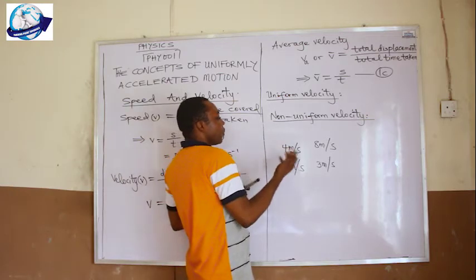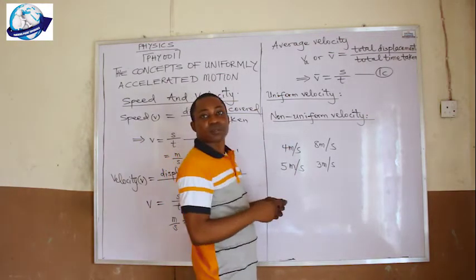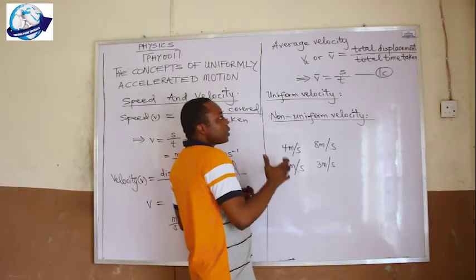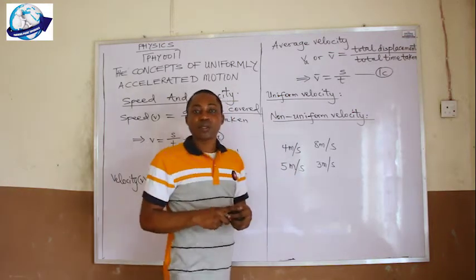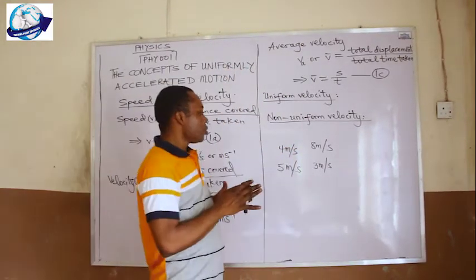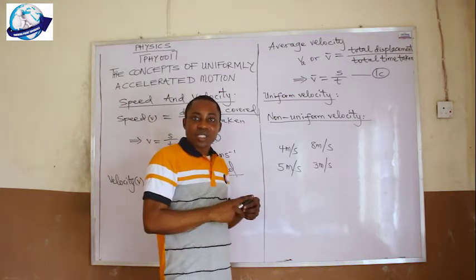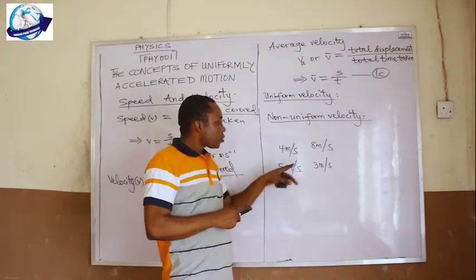At first, if a body was moving at the rate of 5 meters per second, something may happen on the way, and the car slows down. What the person will do is reduce the length of the distance covered from 5 to 3.